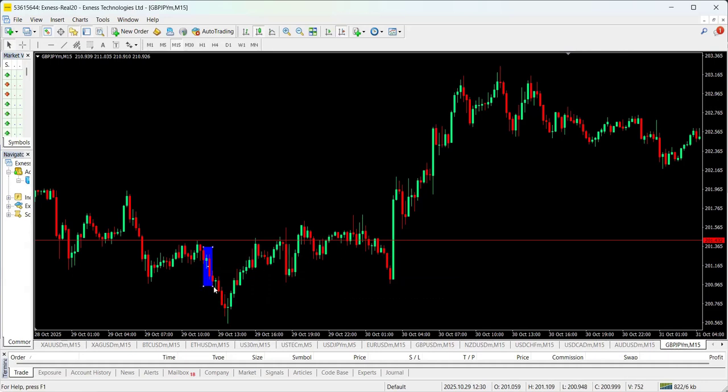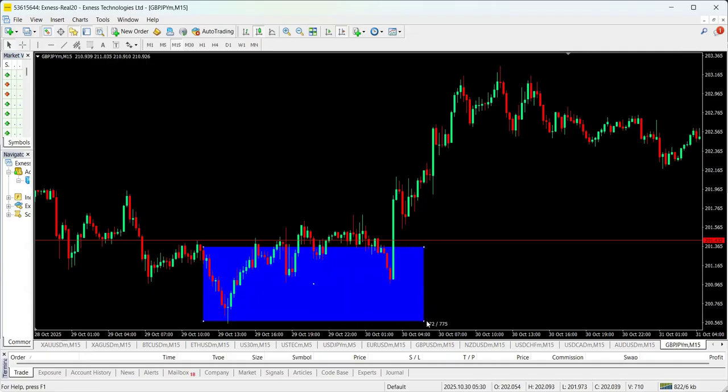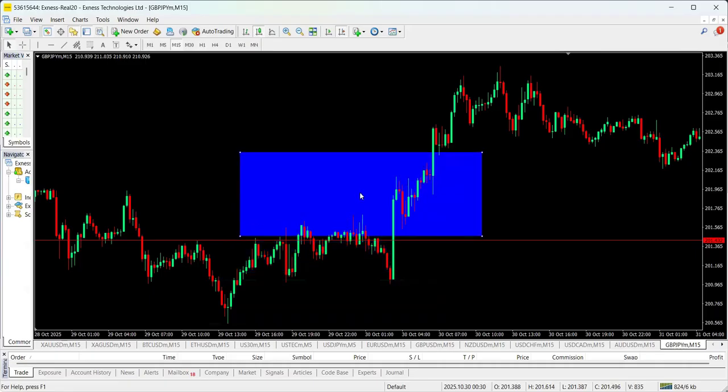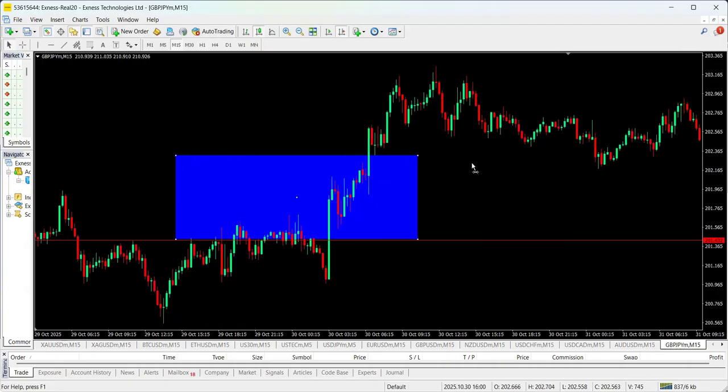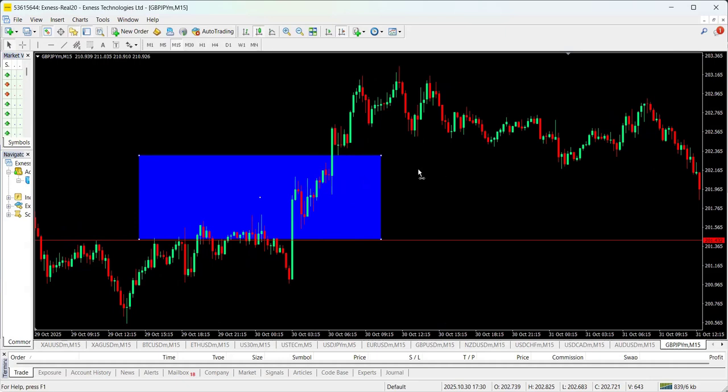So our strategy says that the market is going to move up at least as much as it moved down, okay? So we draw our rectangle and we move it up, and you see that we are sure of this move, okay, to the upside, all right? Okay, so that's our first opportunity here.